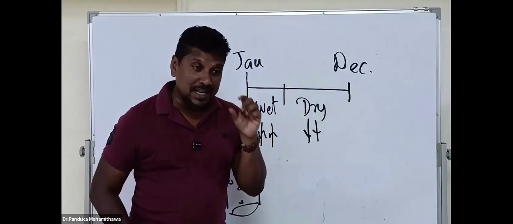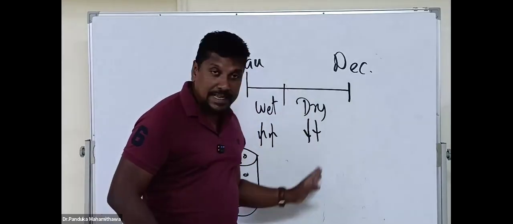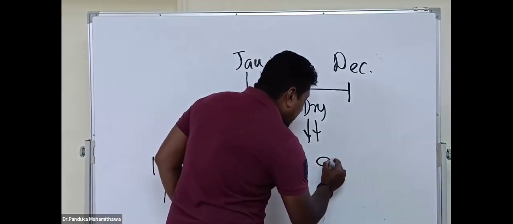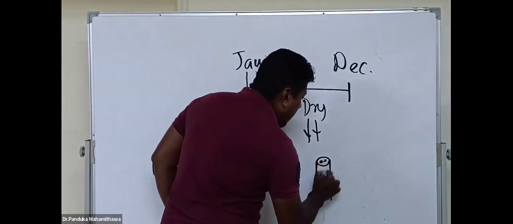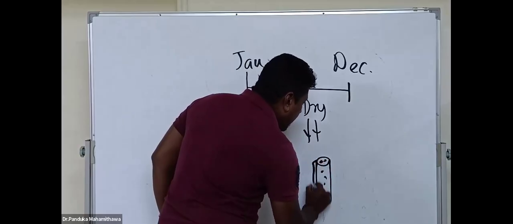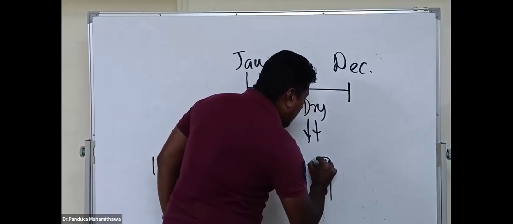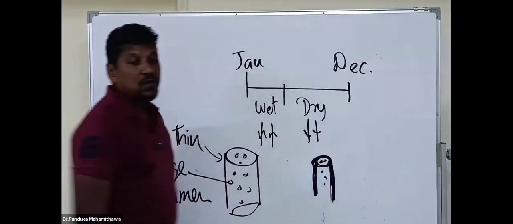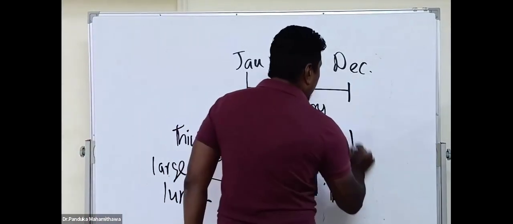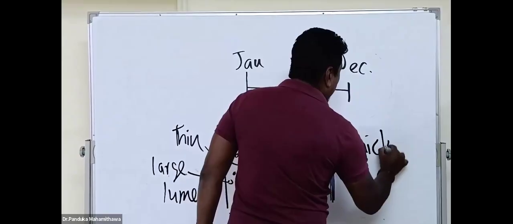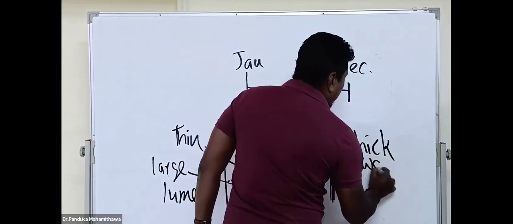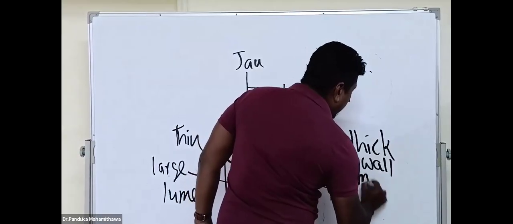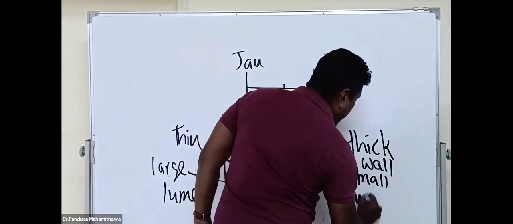Therefore, the new cells produced in the dry season have a small lumen with thicker cell wall, right? Thick wall and small lumen. Understood? Right.